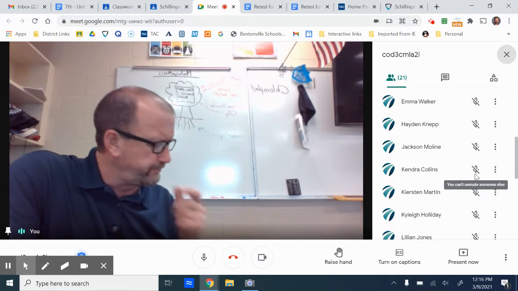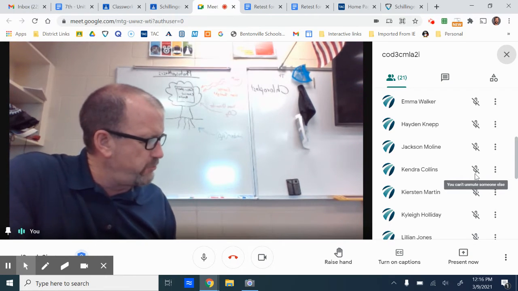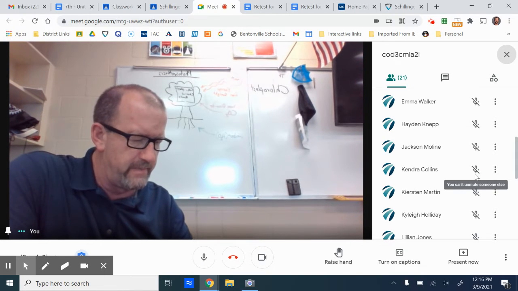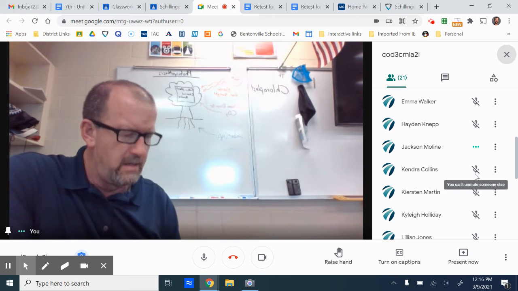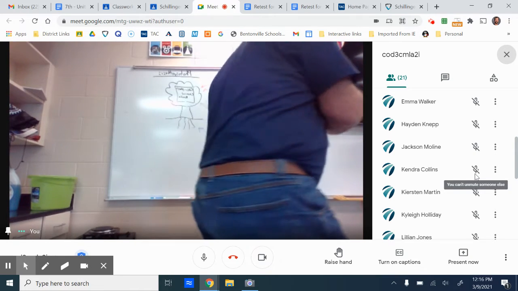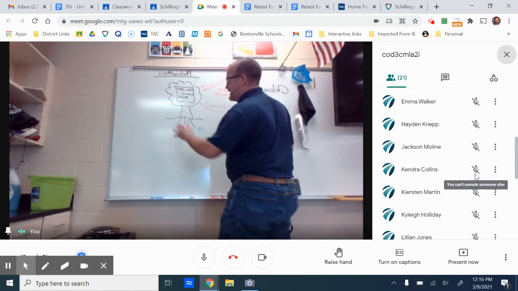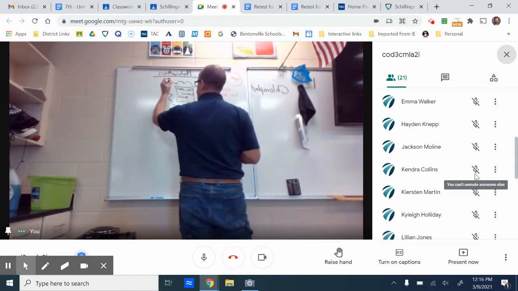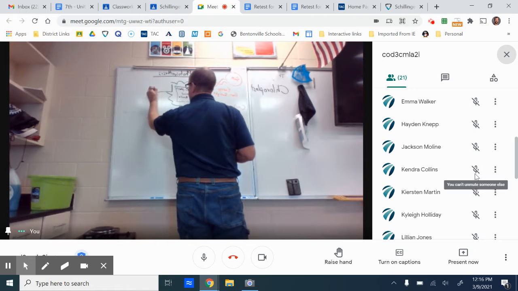So, Jackson, we have the chemical reaction. What is one of the things that comes out of this chemical reaction? Glucose. Now, does glucose actually leave the plant? Nope. It's going to stay in the plant.